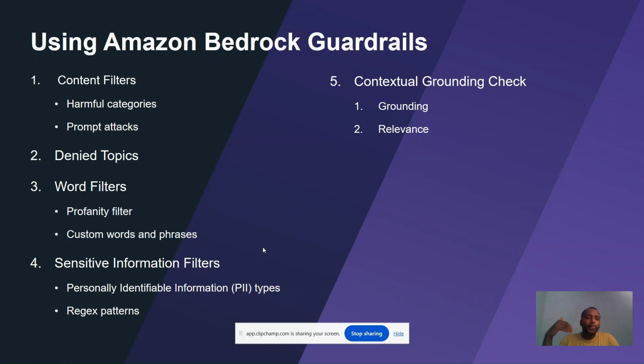But again, then you have word filters. So you have profanity filters, or you can have a custom word that is native to your organization. And then you have sensitive information filters. So let's say you don't want to disclose any PII data.